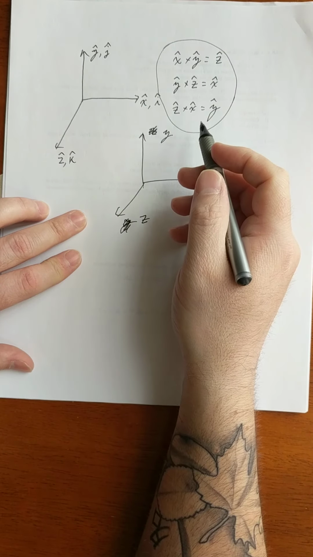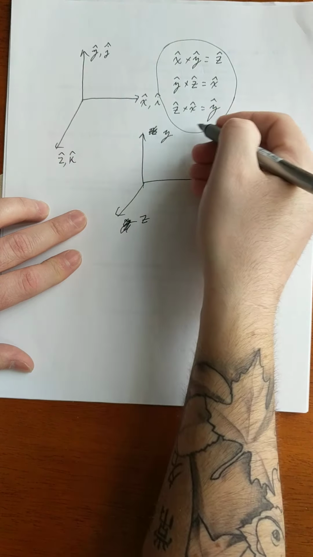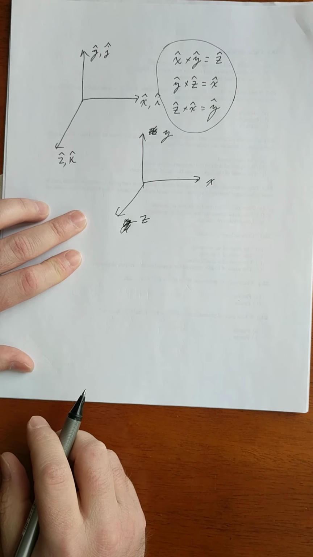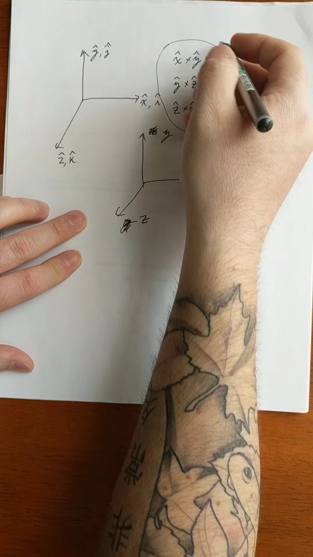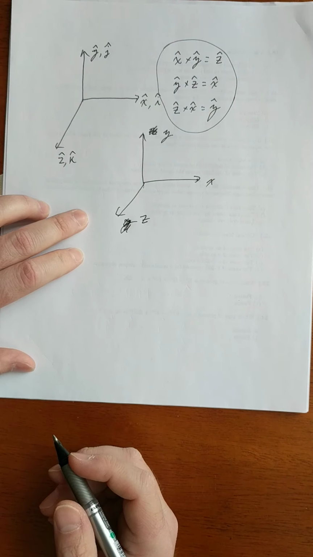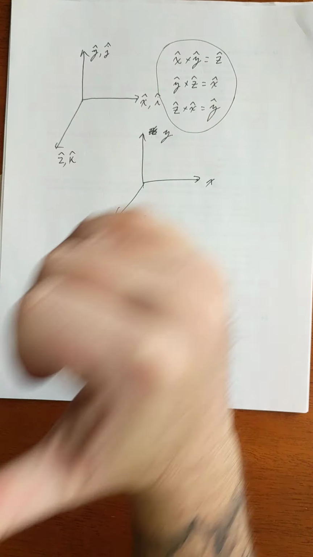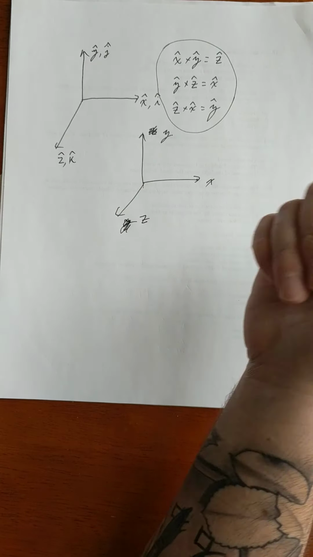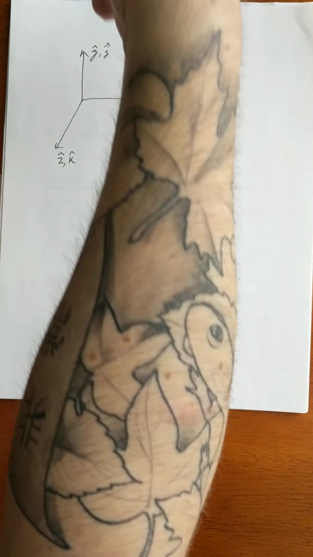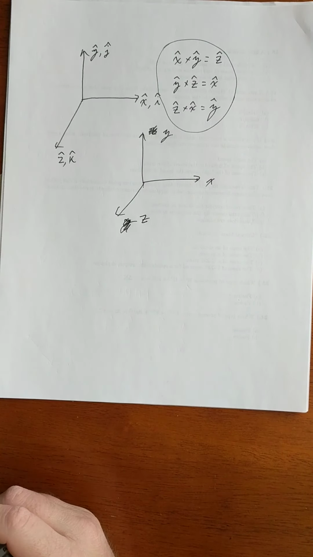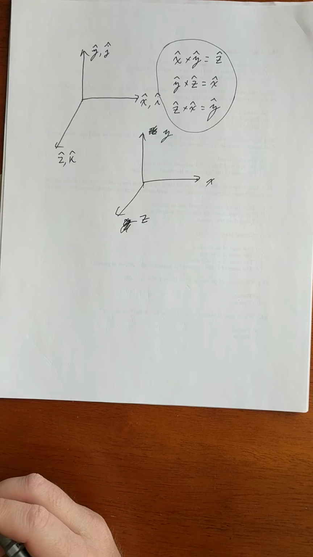Well, the answer is that we want our three-dimensional coordinate systems to follow this same sort of logic that the cross products do, right? We want x cross y to equal z, we want y cross z to equal x, we want z cross x to equal y in every coordinate system that we draw, right? And we want it to be consistent or else we're going to make mistakes.